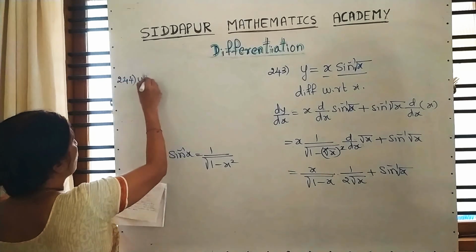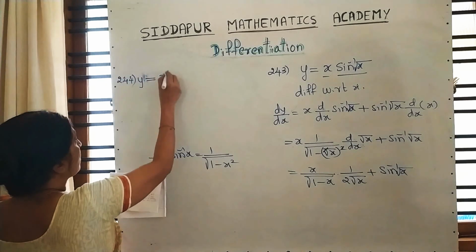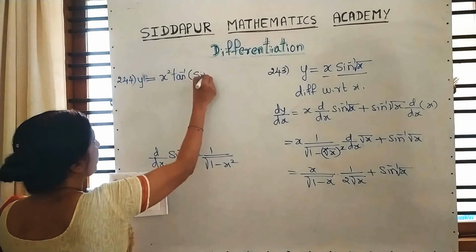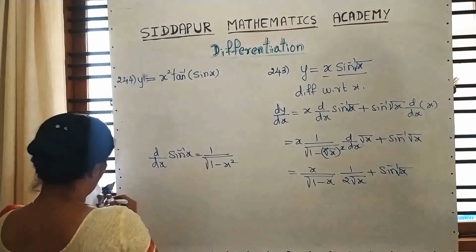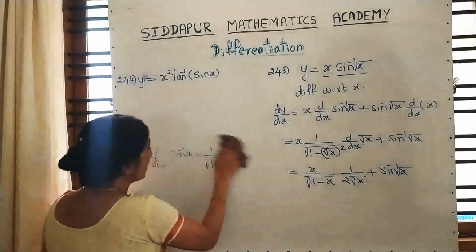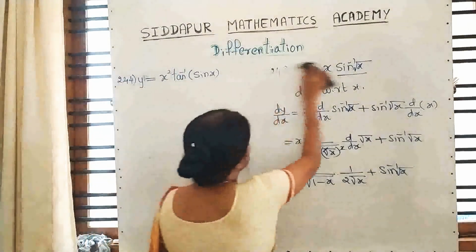y is equal to x square into tan inverse of sin x. So first, basically which formula? Basically u into v.